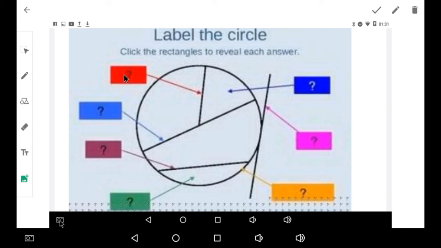George, a radius. George again, a diameter, a chord, a segment, an arc, and a tangent. Good. Bravo to all of you.